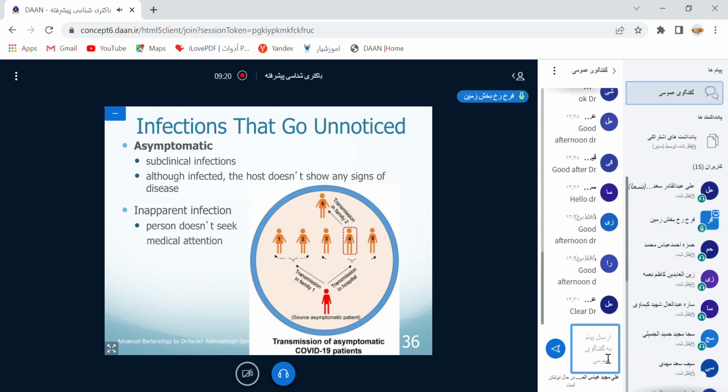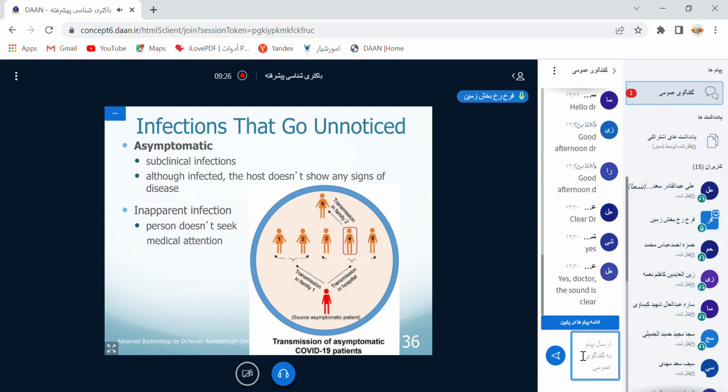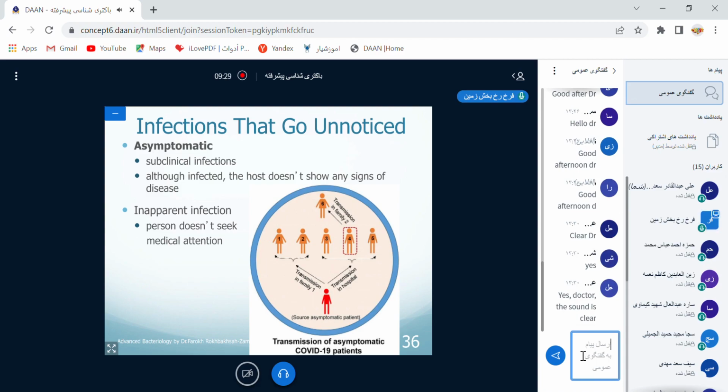Very good. In the name of God, today we continue our lectures regarding infection. If you remember, last week we were talking about different types of infection. One type of infection is asymptomatic infection.